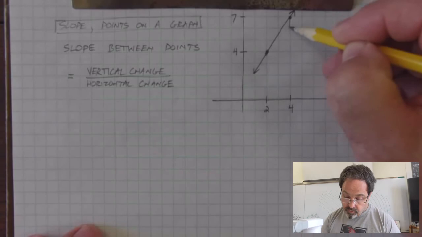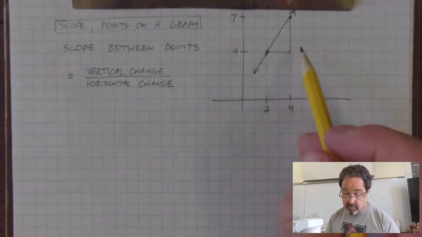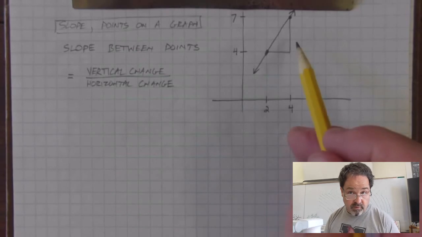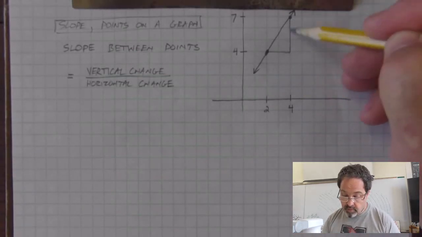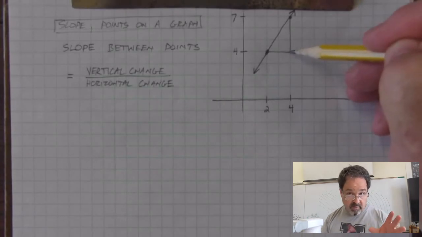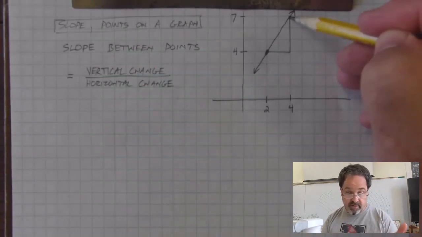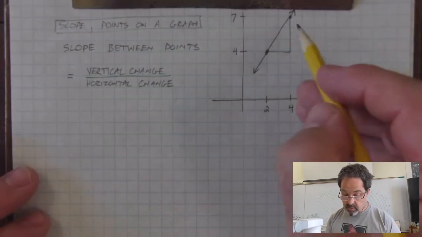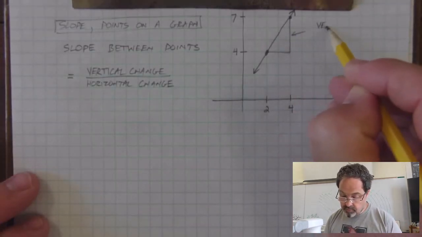We could draw a triangle to visualize the distances that we need to change. This leg of the triangle isolates the amount of vertical change. We had to start down here at a y value of 4 and go up by 3 to get to 7. The measure of this line is the vertical change.